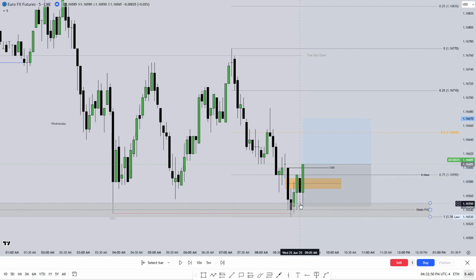Stop loss would go at this low right here, because now with this down close candle, if we're going to be in a buy program, we want to see down close candles act as support right here. What reason would price have to go all the way down here, sweep this, and then continue higher? There's really not, because we already inversed the inversion fair value gap and we closed above the change in the state of delivery.